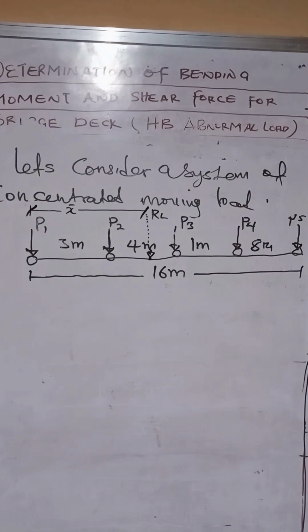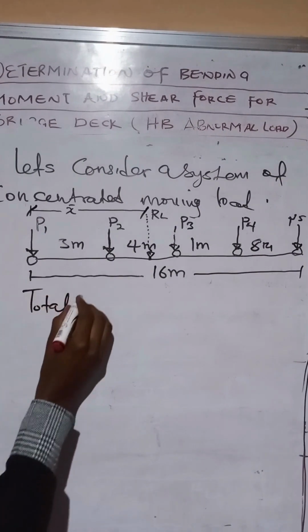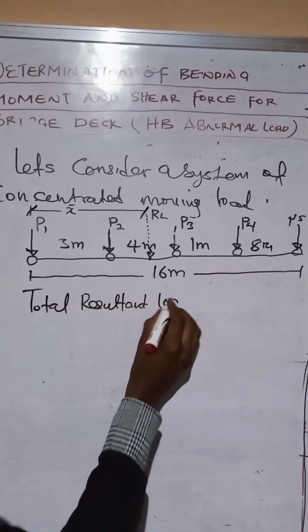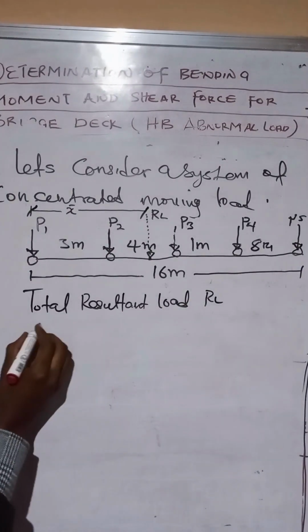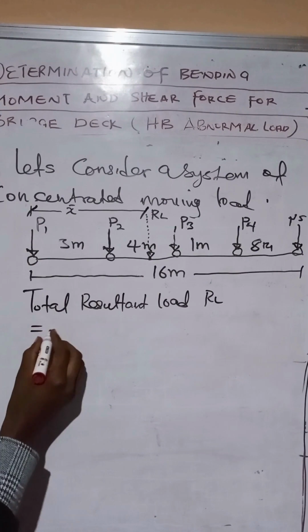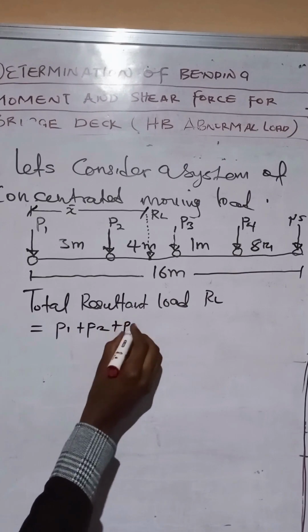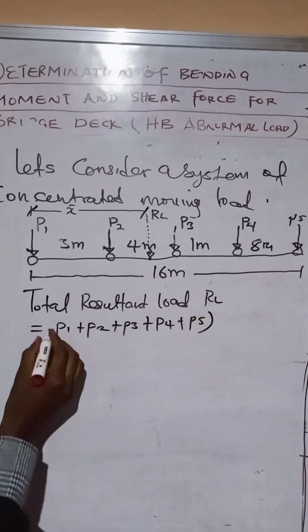Very, very important. We can easily calculate the total resultant load. The total resultant load is a summation of the individual point loads. So we can say total resultant load, RL, becomes P1, P2, P3, P4, and P5.